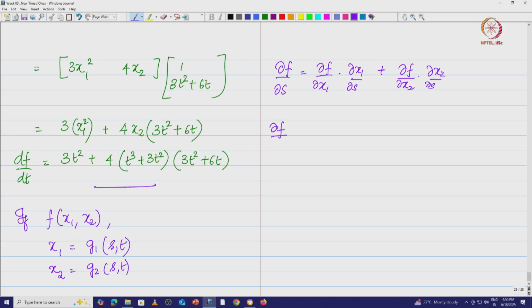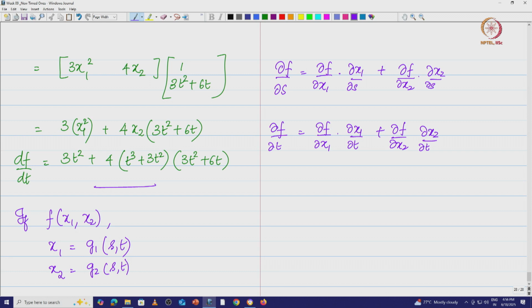Similarly, we have dou f by dou t, which is nothing but dou f by dou x1 into dou x1 by dou t plus dou f by dou x2 into dou x2 by dou t. This is again interesting.